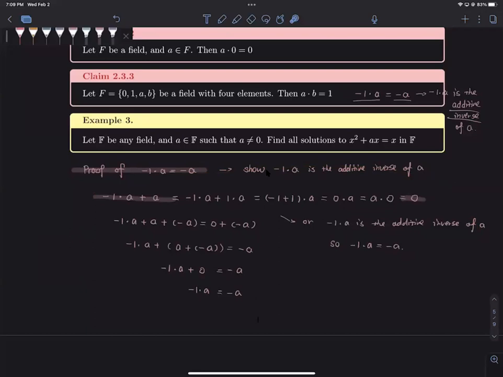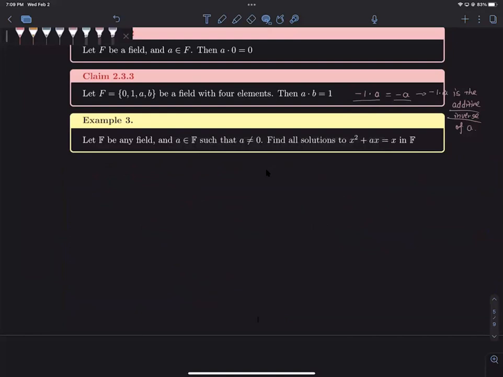Okay, so let me erase this and let's do example 3. Let's write the question.